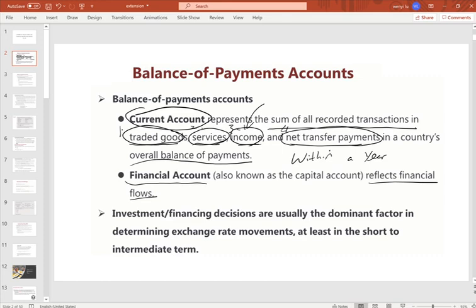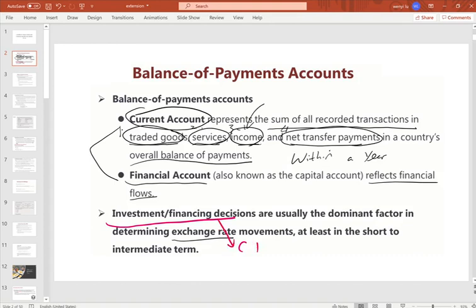So that's what we studied before. But which account is more influential to our foreign exchange rate? Be careful. The investing and financing decisions are directly relevant to our financial cash flows.